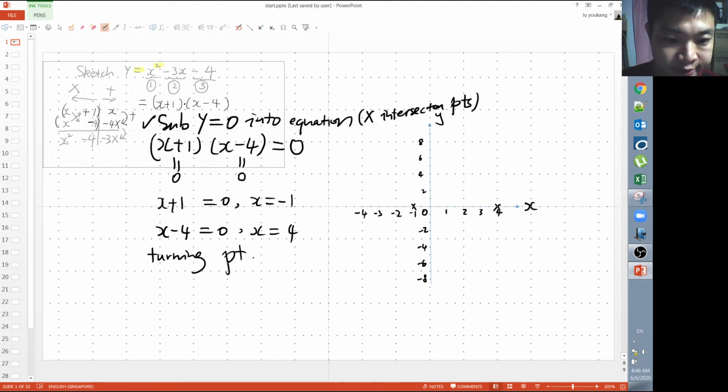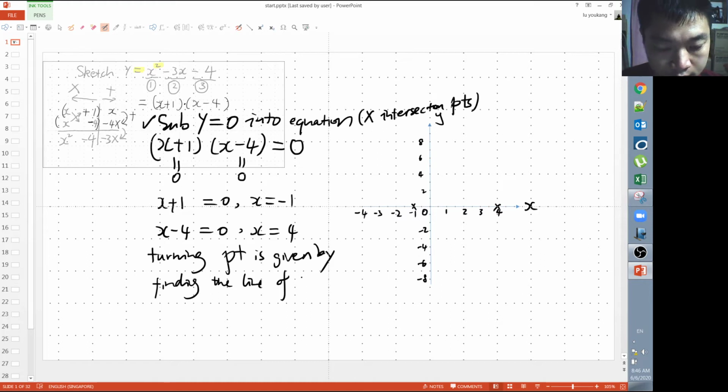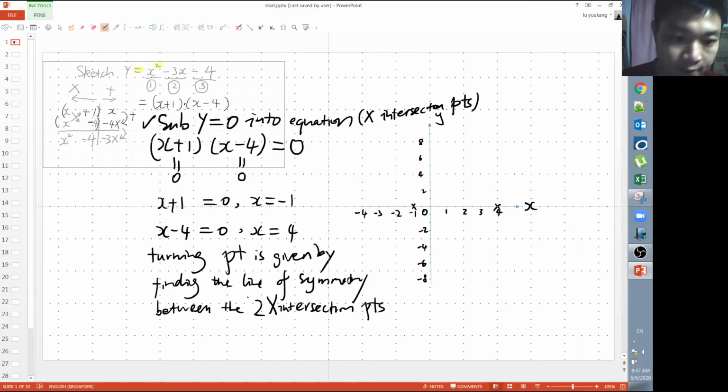The turning point is given by finding the line of symmetry between the two x intersection points.